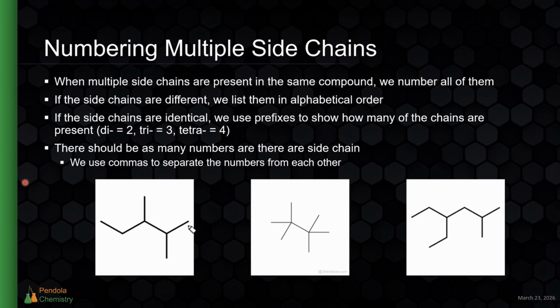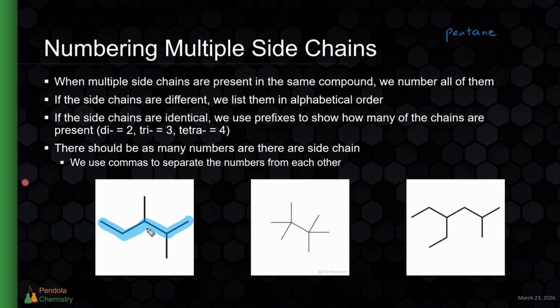The longest chain here will be 1, 2, 3, 4, 5. So this is going to be a 5-carbon chain, meaning this is a pent. Oops, yeah, a little too big there. So we're going to actually put it up here. So this is going to be a pent. We're going to build it slowly. Everything's single bonded. We don't have any double or triple bonds. So it's a pentane is our backbone.